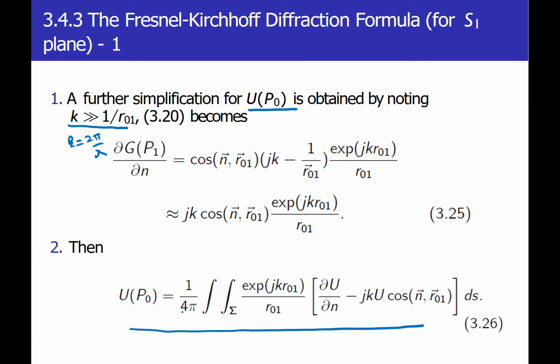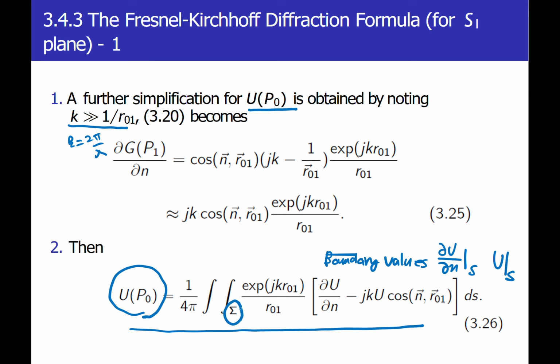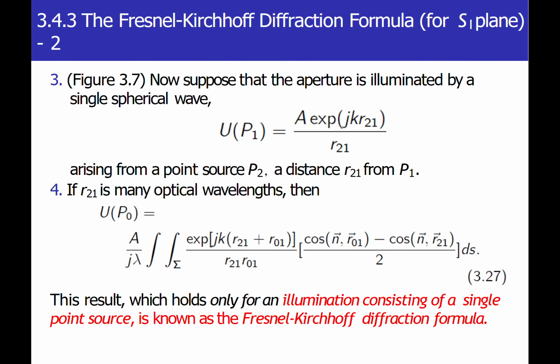So everything is given by known functions. This is a boundary: round U over round n on S, and U on S. Okay, and once you know this, we can find the unknown by integrating over the aperture. Okay, so this is the important case.